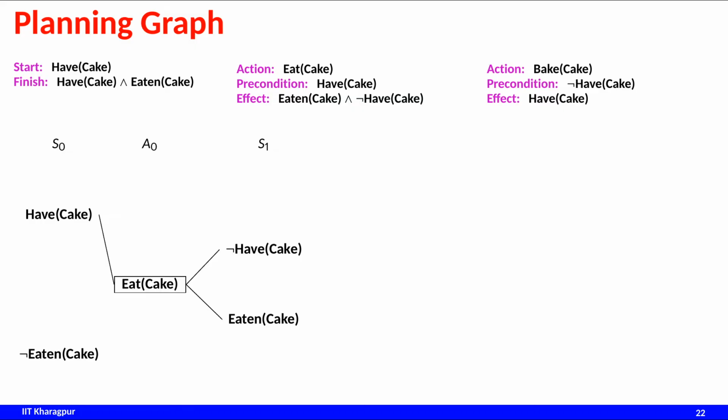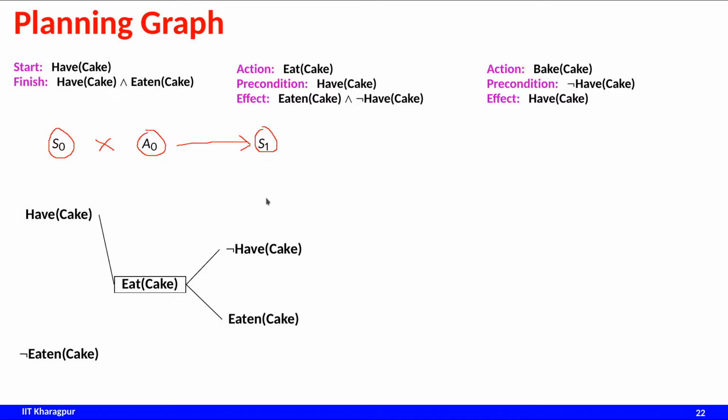Fine. So what we are doing here is, we have the initial state, we apply some action, and we get a new state. So it is nothing but we are actually expanding our horizon, and we are creating the new set of states by applying the possible action.